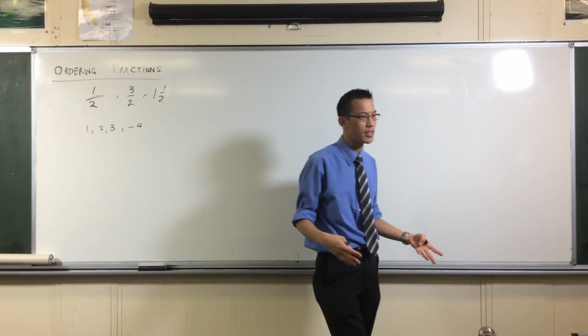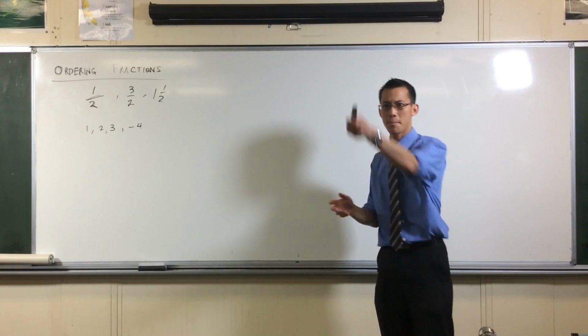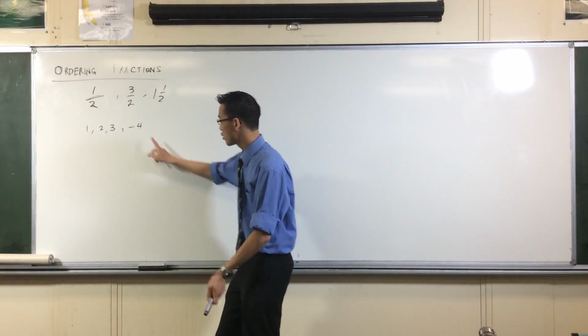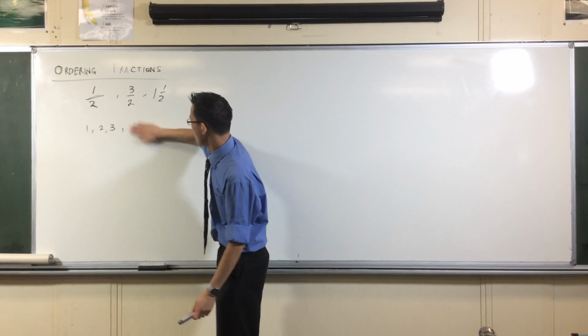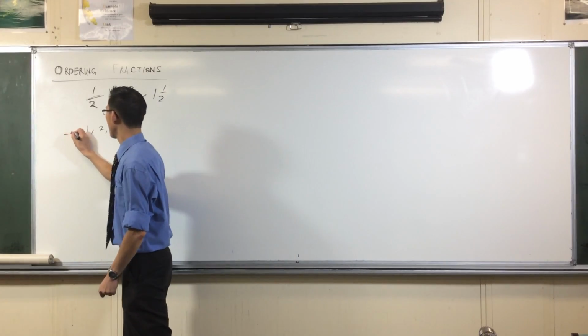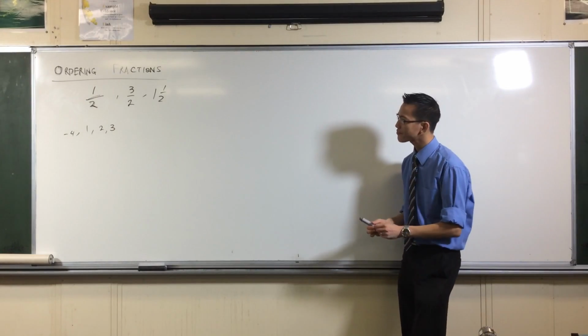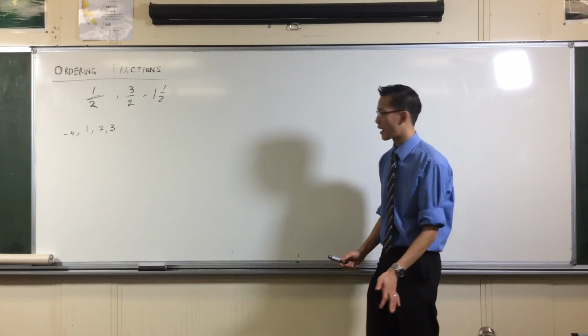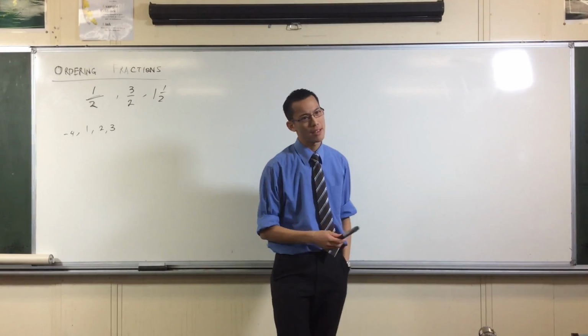How should I rearrange this so that the order is correct? Where would the -4 go? Yep, at the back. It's the smallest of the lot, right? Even though the number is the largest, you need to remember that sign means it's going in the opposite direction. When you drew number lines, you learned how to do this, okay? That's all fine, okay? Whole numbers, integers, quite easy to order.